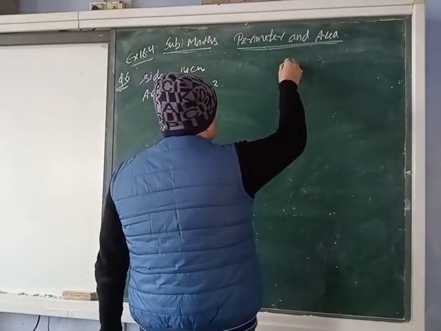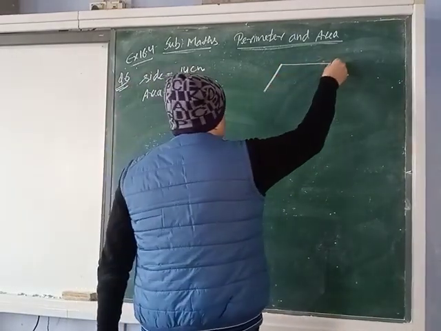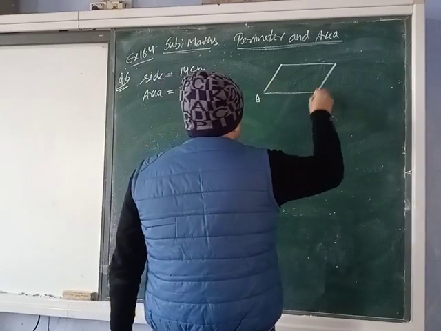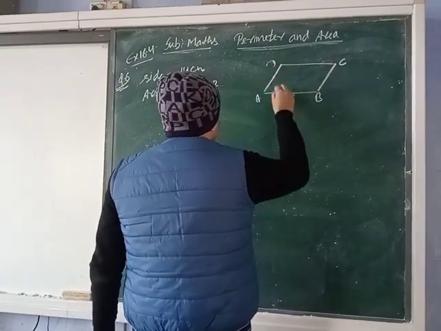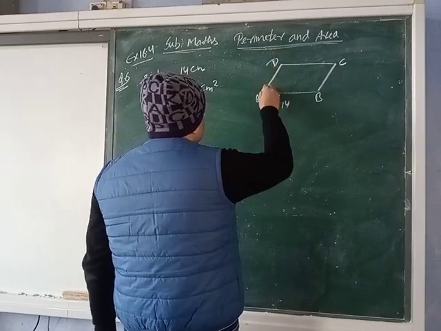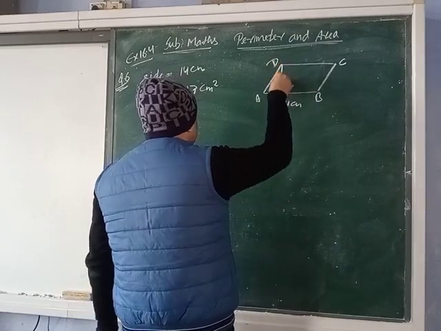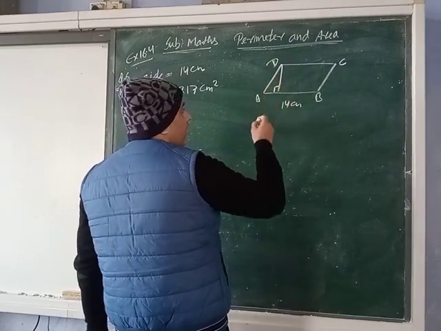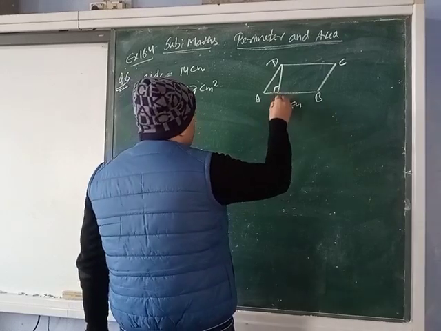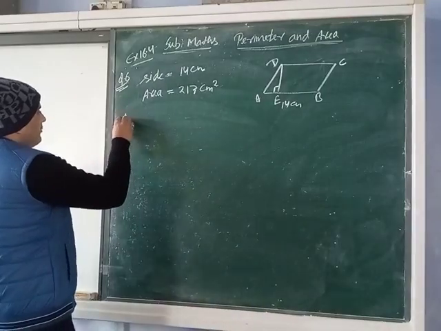Draw the parallelogram ABCD. Suppose that one side of the parallelogram is 14 centimeter. Draw the perpendicular or altitude from D to AB, meeting at E. Now, what is the area of the parallelogram?